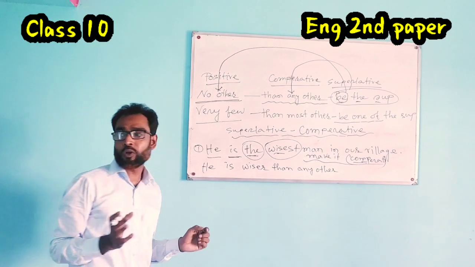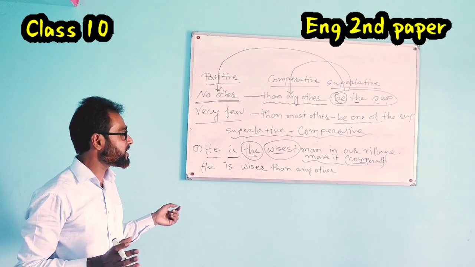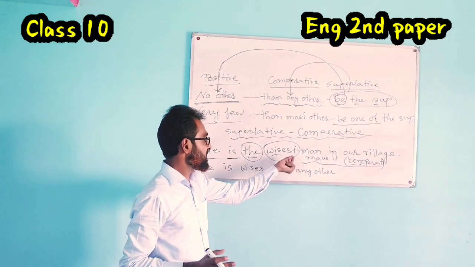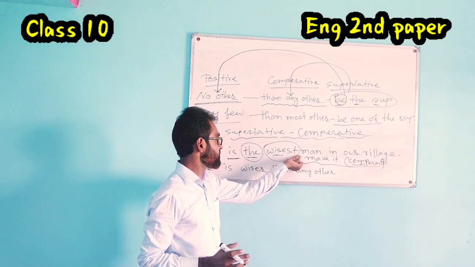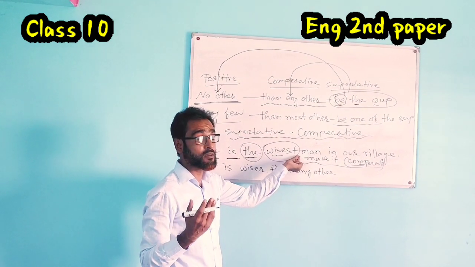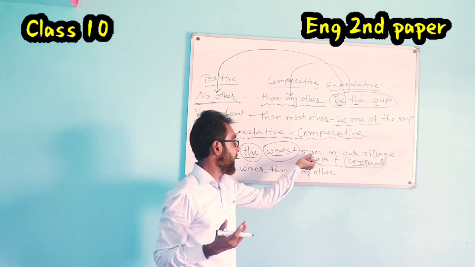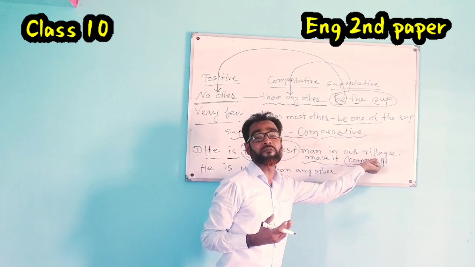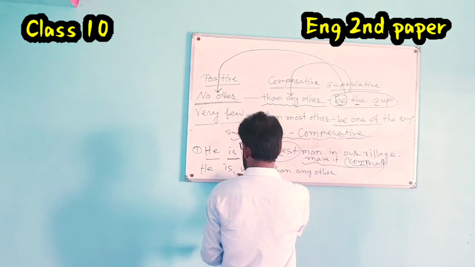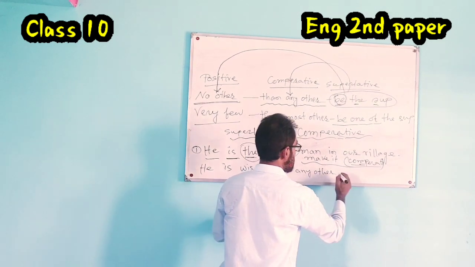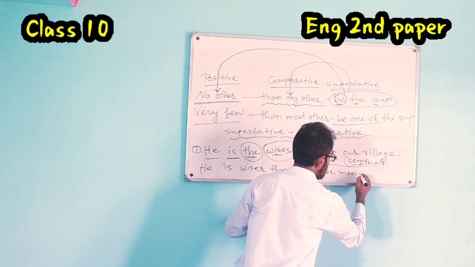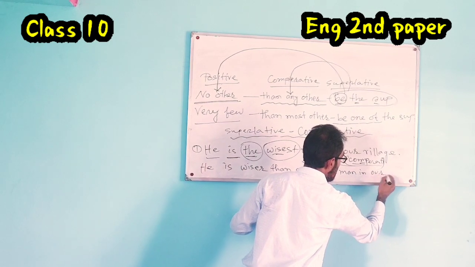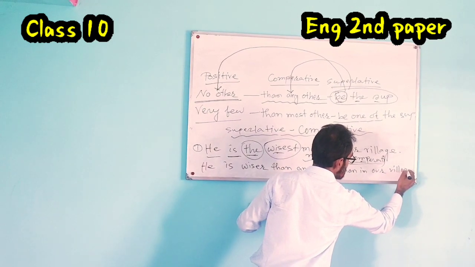Now what will you do? We need the last portion of the sentence after the superlative form: man in our village. Very easy. He is wiser than any other man in our village.